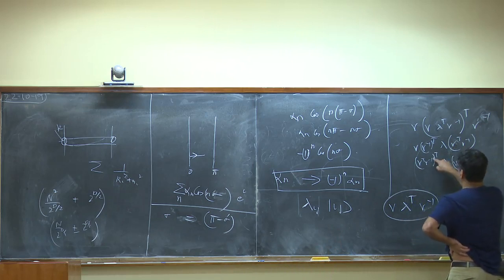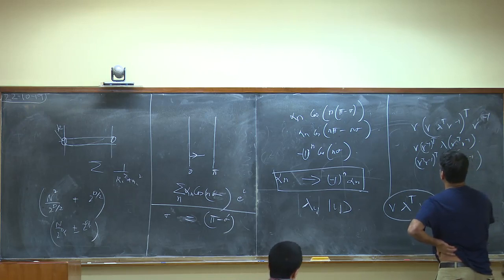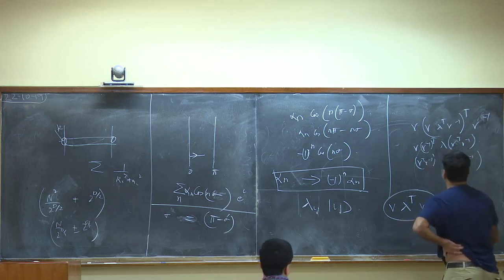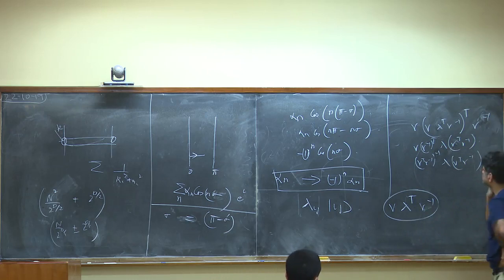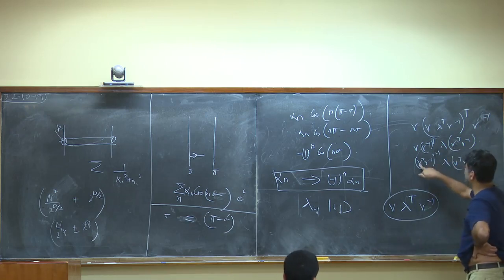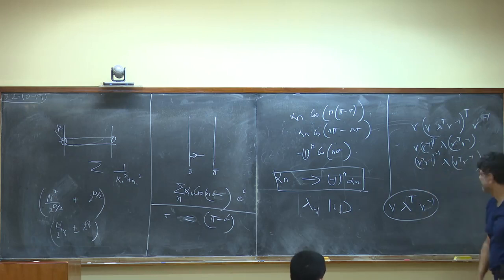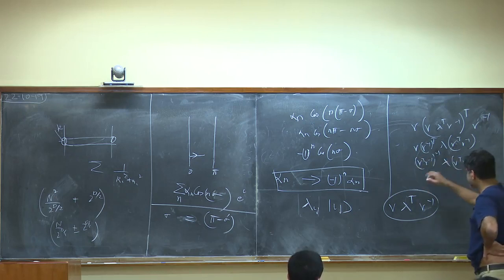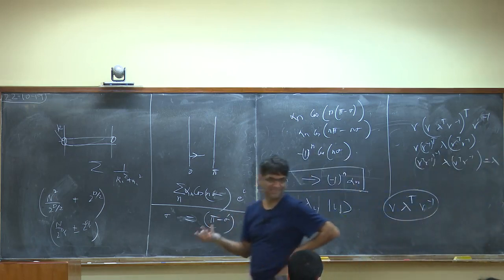That should be an inverse. Thank you. Because now that will become gamma and gamma transpose inverse. Okay, now this has to be equal to lambda for all lambda.